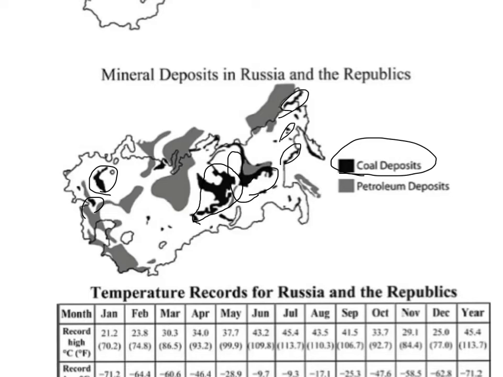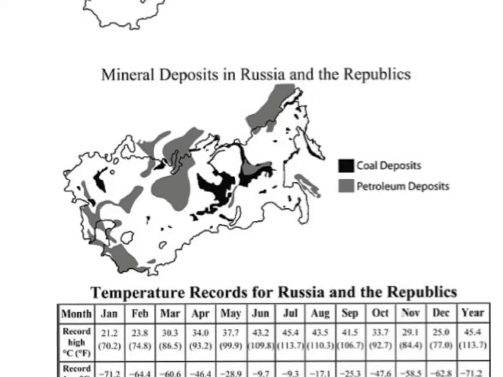And there's other small places where you might see some. But mainly most of it is in the center of Russia and is owned by Russia. This is important because Russia, because it has the oil deposits, gives it a little bit more power over the other republics who are dependent on oil for heating their homes and for gas and other.